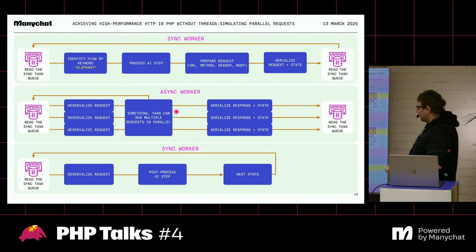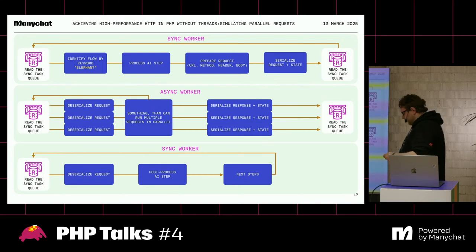This worker will take the requests from multiple of those synchronous workers, serve them, serialize the response to those requests, and take the state that we previously sent to it and return it back to the pool of workers to deserialize the response and process the AI model response.